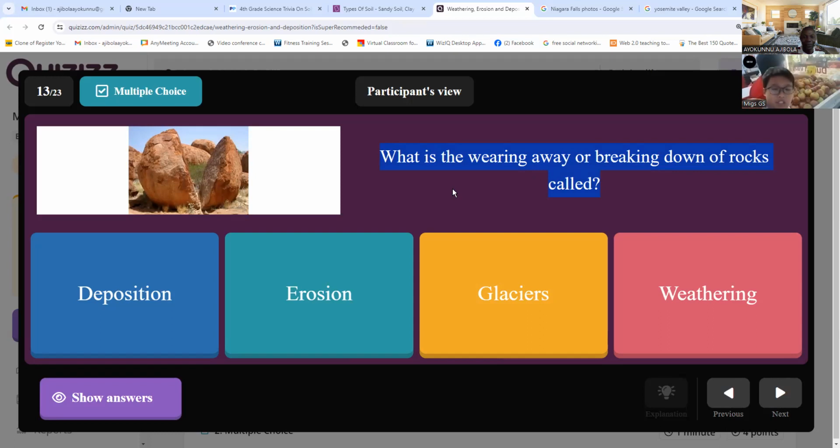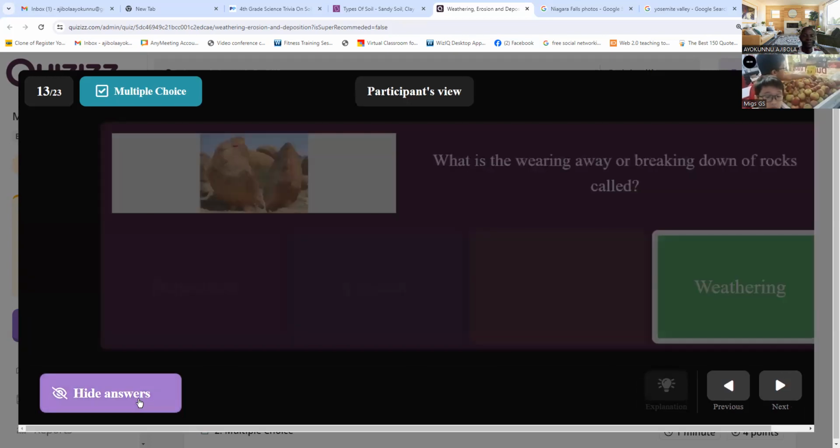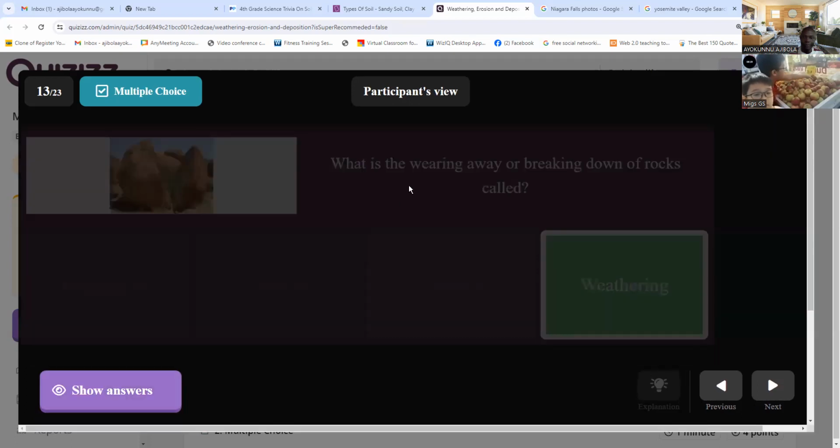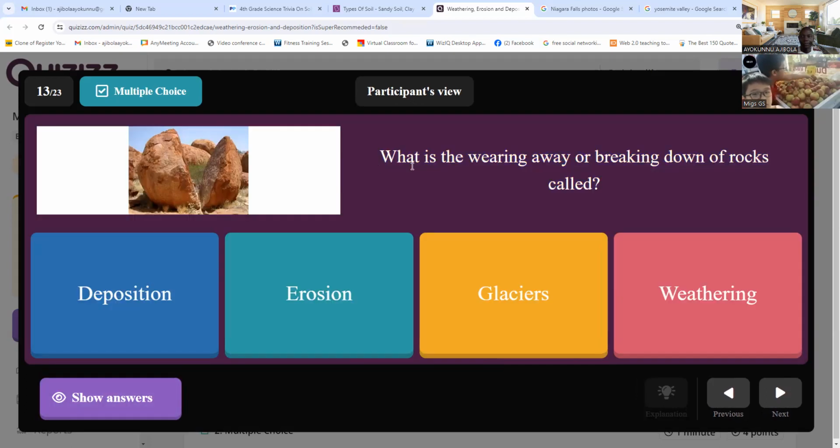Deposition means putting on top of one another. Deposit. So the answer is weathering. Yes, weathering is the wearing away or breaking down of rocks. Is that clear now? That's clear. Very good.